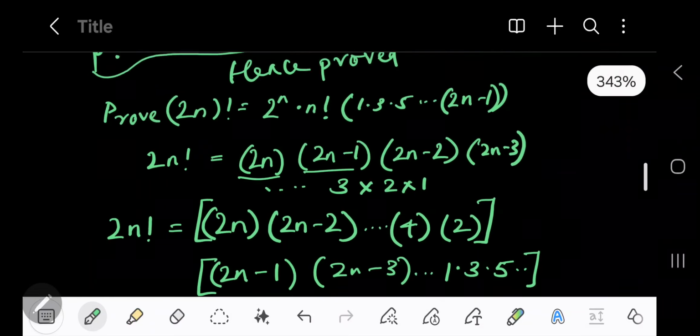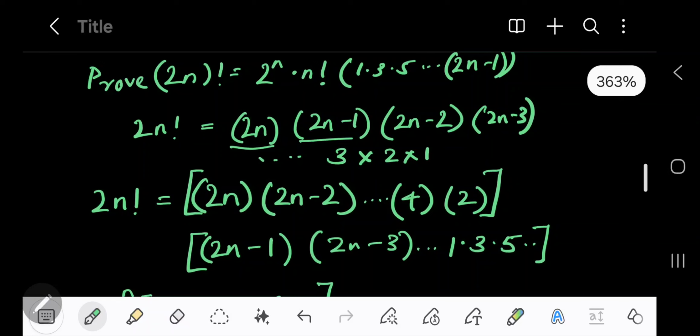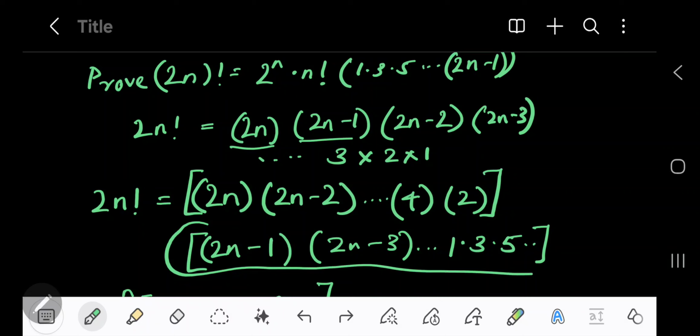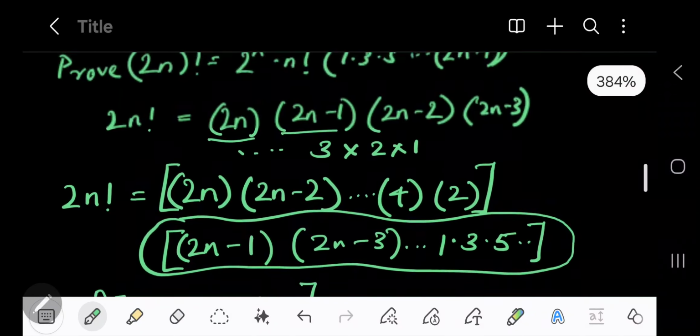Okay, so if we look at our original equation, what do we have here? You can see that the odd side, which we've separated from the even, we've already gotten, and it's practically the same thing. So I'm going to rewrite it over here.